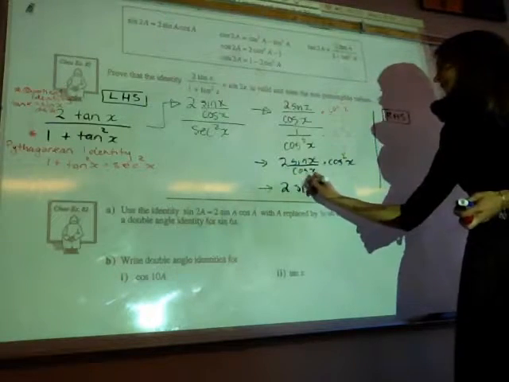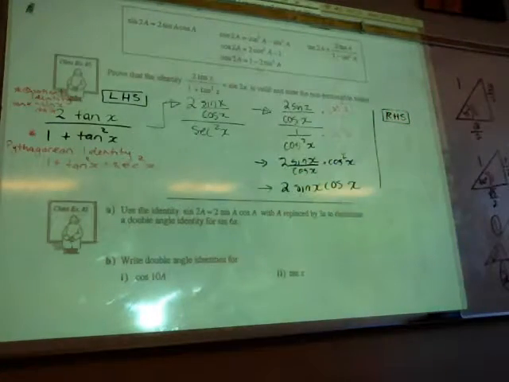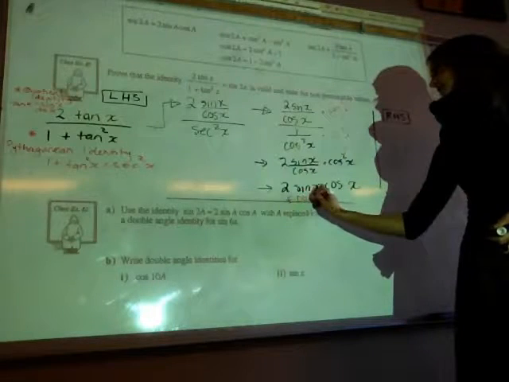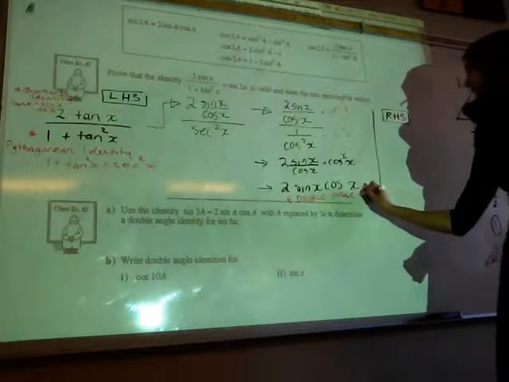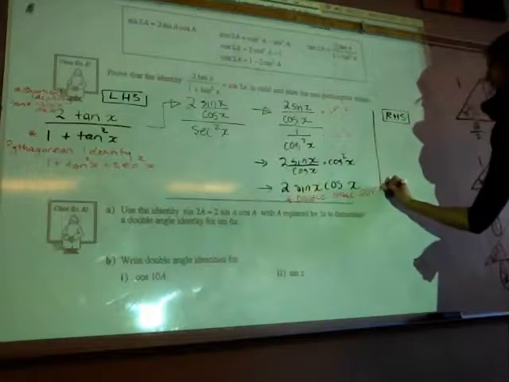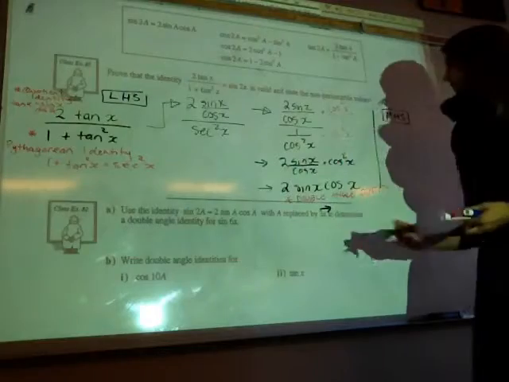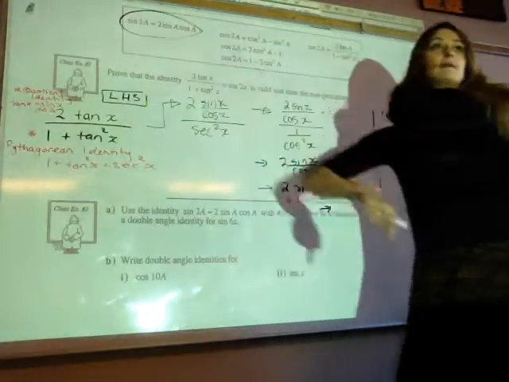So we have 2 sine x times cosine x. And this happens to be a double angle identity for sine. So last step, this will become sine 2x.